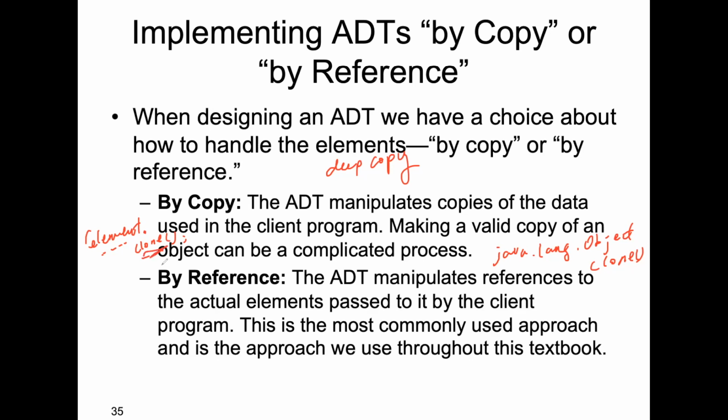The other problem about this clone method is sometimes you do not own an object. Let's say this object is owned by another program which you don't really have access to, so you can't override its clone method.